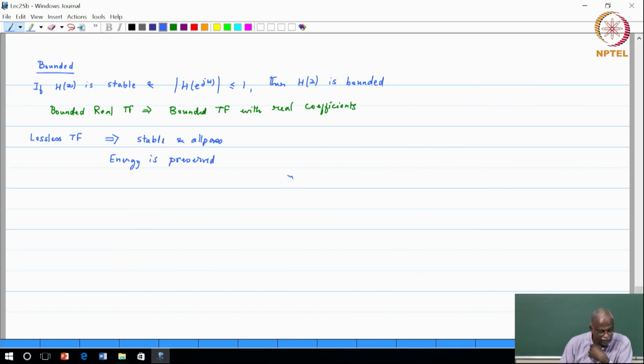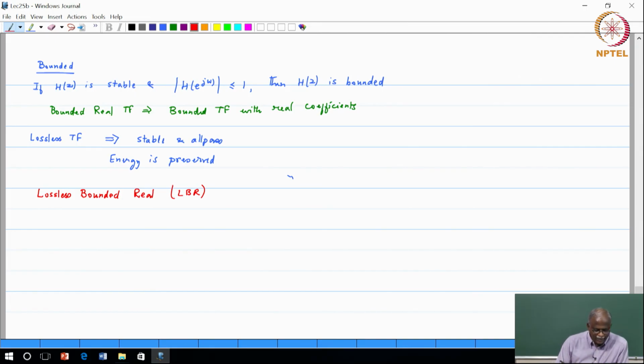Now I want to ask you to think about the following. Does this statement make sense? A class of functions that are lossless bounded real transfer functions, LBR. Does that make sense? It is a transfer function that preserves energy and is well behaved on the unit circle. So if it is lossless and all pass, it has to be equal to 1 on the unit circle, but it has real coefficients as well.